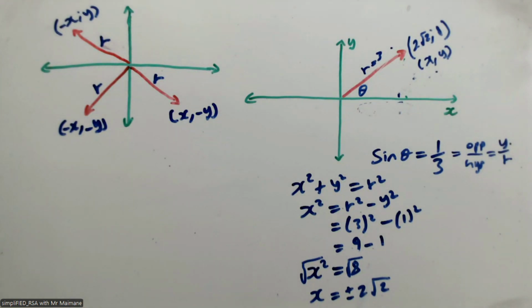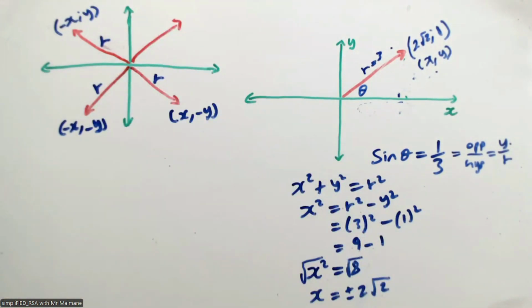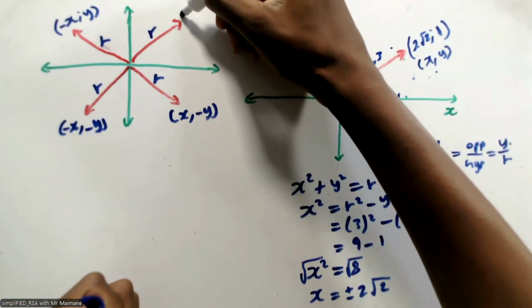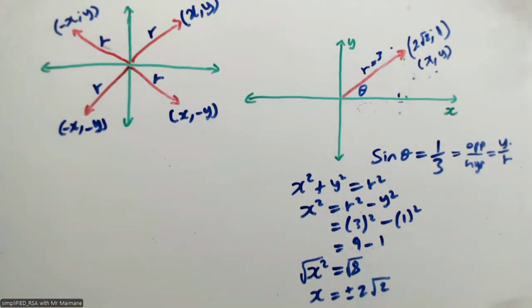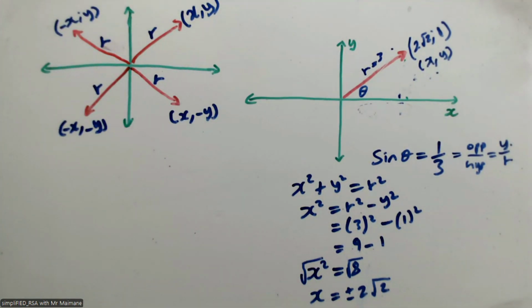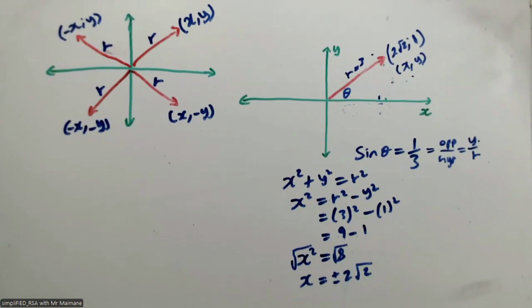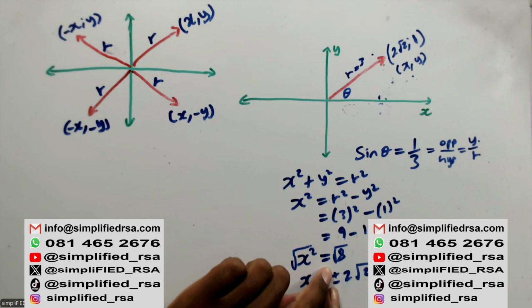Meaning, if we go back to the first quadrant, we know that for both x and y, it is positive. So whenever you are using your Pythagoras theorem to determine a value, at some point you're going to have to determine, based on the square root, if it's a plus or a minus.